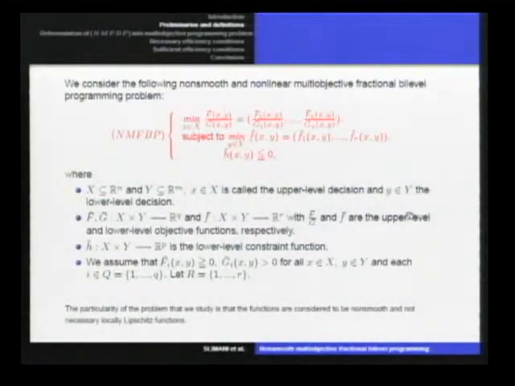The lower objective function is vector valued, and the feasible region is determined by inequality constraints. The particularity of this problem is that the involved functions are not necessarily continuous and then not necessarily Lipschitz functions.